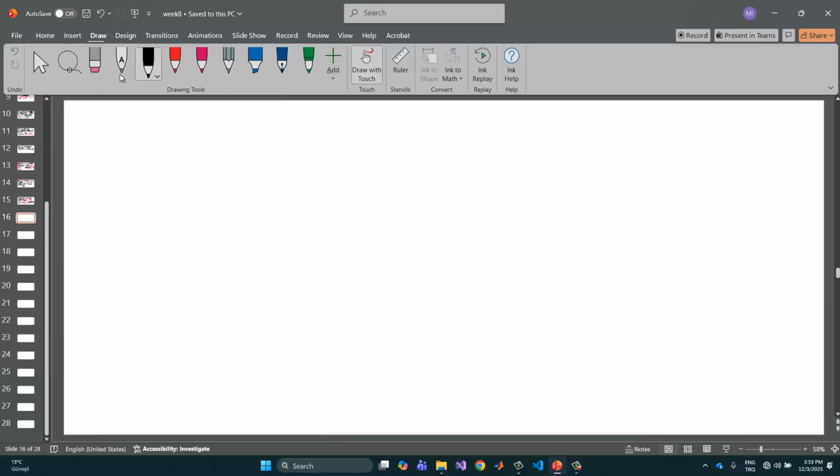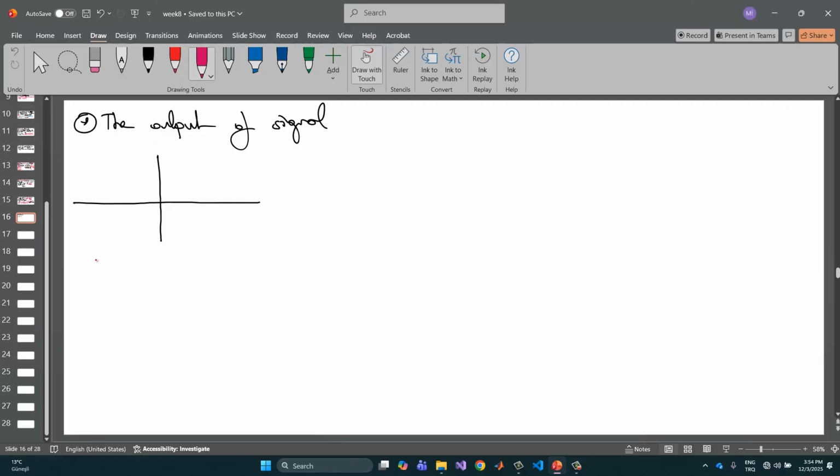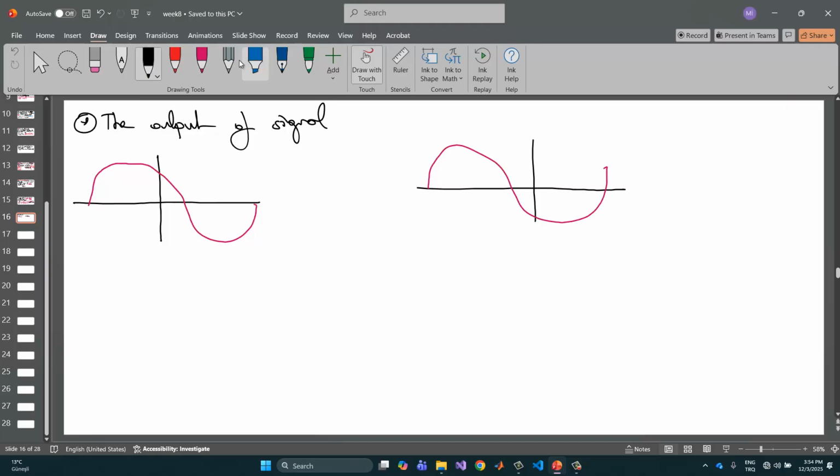So, the output of the signal may be equal to what? To this one. And also we have the output signals in here, and we made this kind of response, okay?